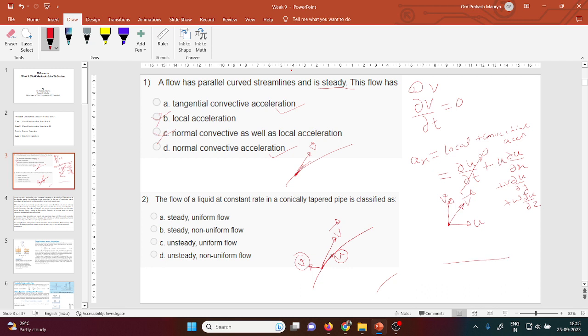If the streamline is straight, there is no other component of the velocity, only one component.